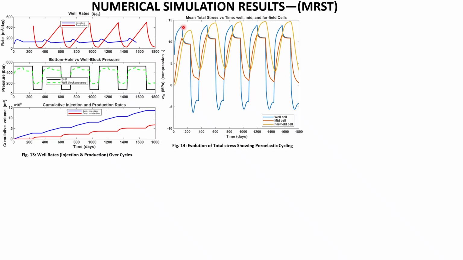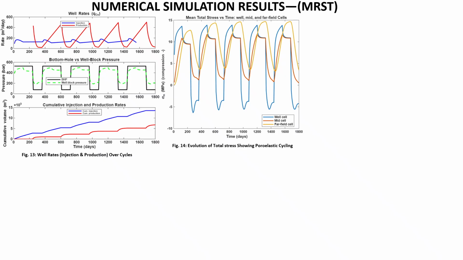This happens because pore pressure increases as we inject, and at this point effective stress collapses. So we can say that the rock is driven towards tension in this case.